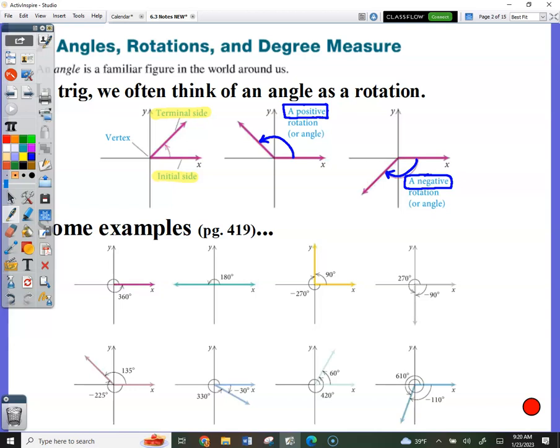So if it's rotating to the right, when I say to the right, I'm thinking high noon and then going to the right, that's called clockwise. If it's rotating to the left, that's called counterclockwise.